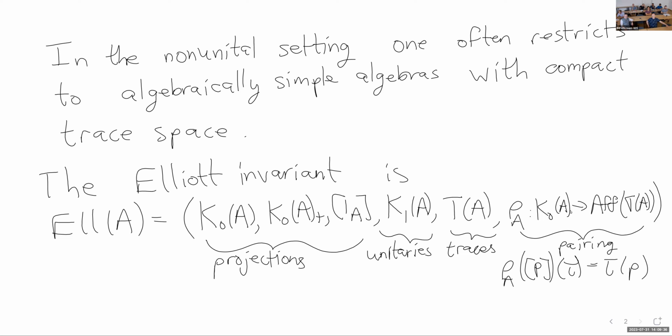One thing I want to mention is that these days one often subsumes this positive cone into the rest of the invariant. So the order structure can be recovered from this pairing.